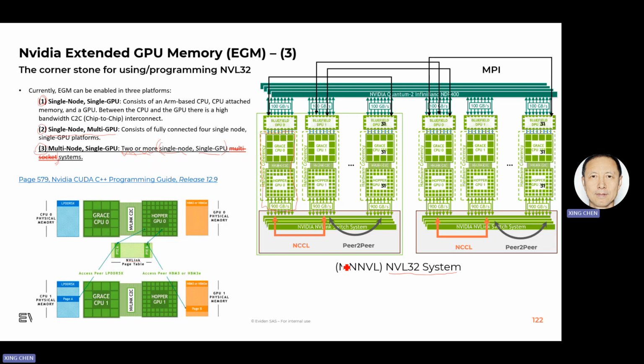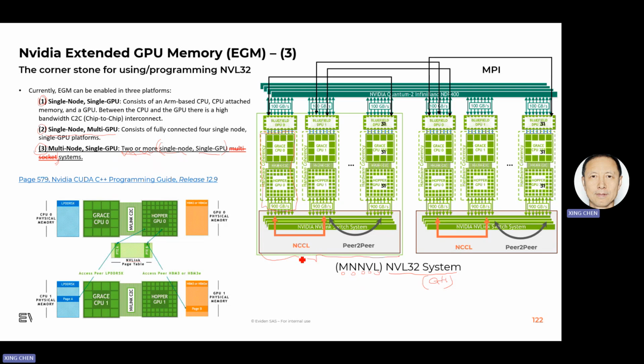system, because here the NVL domain is a kind of multi-node NVL domain. So this NVL32 with Grace Hopper is a kind of NVL system. For these kind of systems, you still have an NVL domain. For this particular case, you have an NVL domain, and for this NVL domain, you have 32 GPUs.